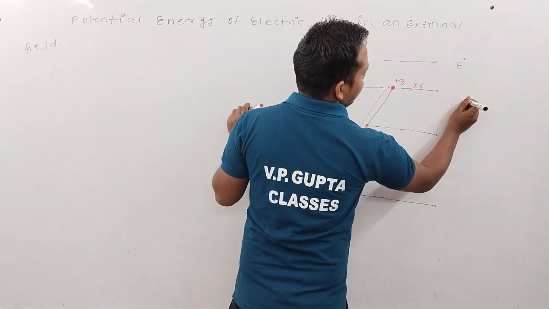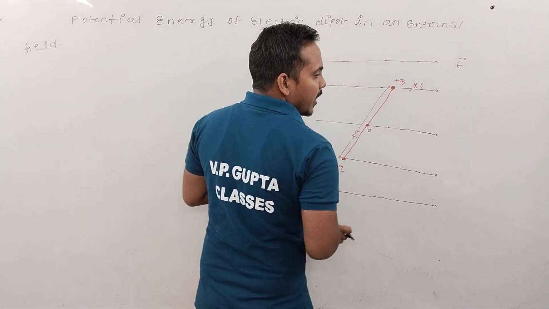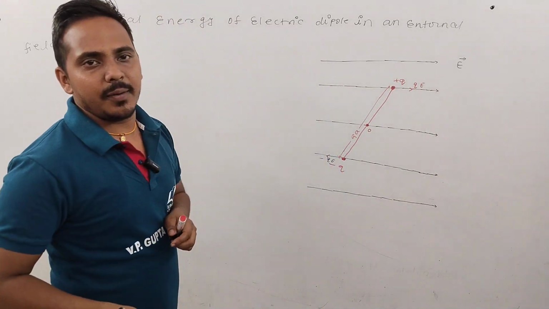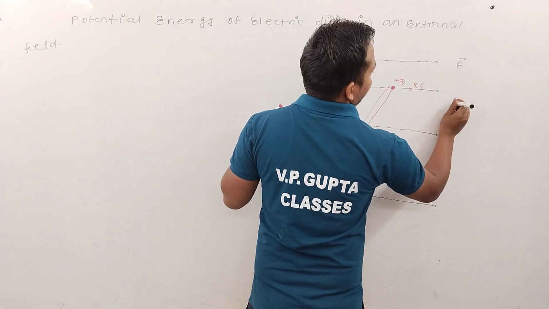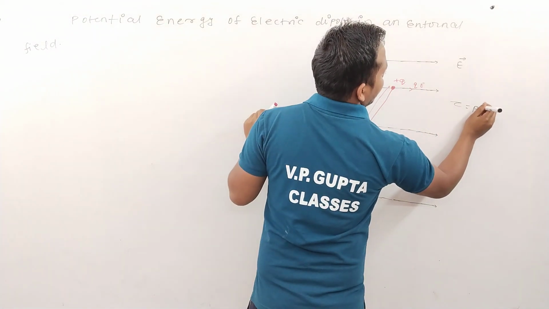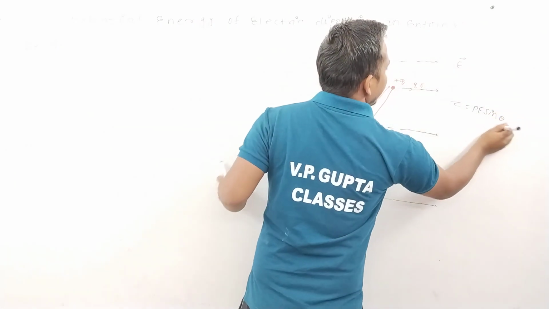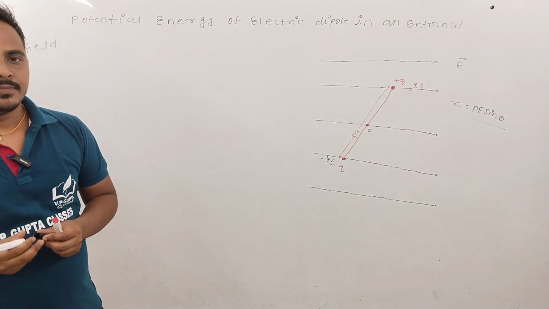So torque is produced, and the expression for torque was also derived. The torque acting on an electric dipole when kept in a uniform electric field is tau equal to pE sin theta. It was already derived.